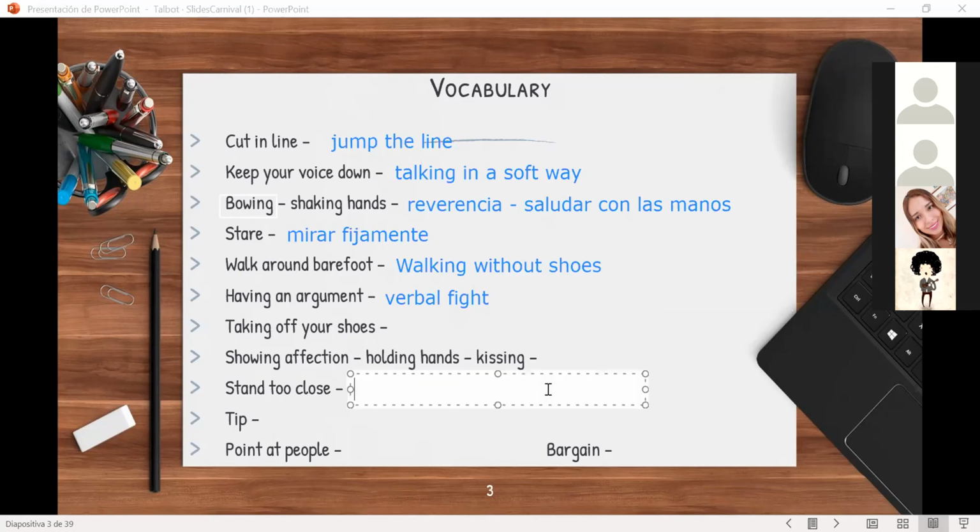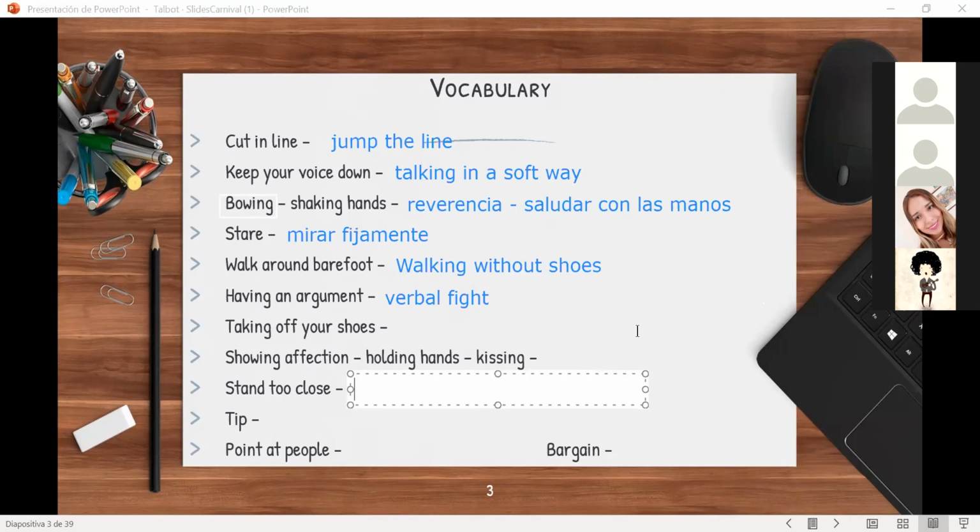Stand too close. What does it mean? Do you know the meaning of this phrase? Estar parado muy cerca. Yes, that's it.